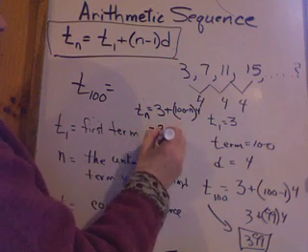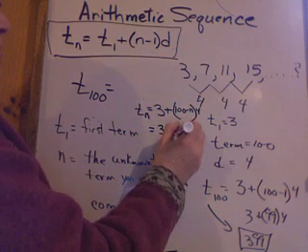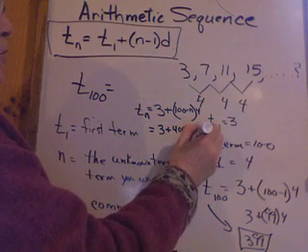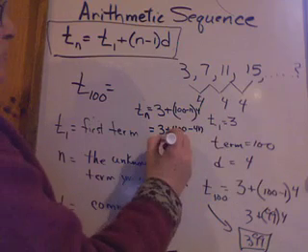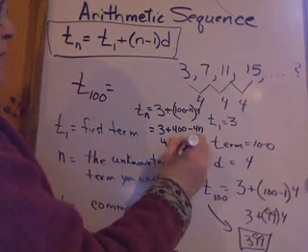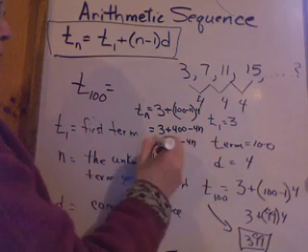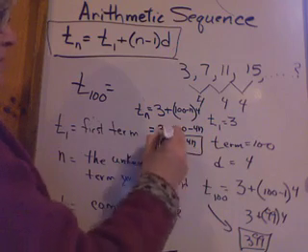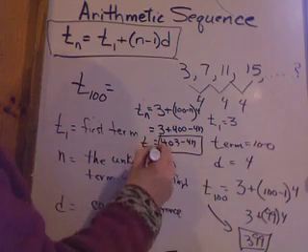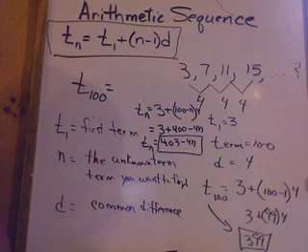It would be 3 plus 400 minus 4n. It would be 403 minus 4n. That's the equation for finding the nth term of that particular sequence.